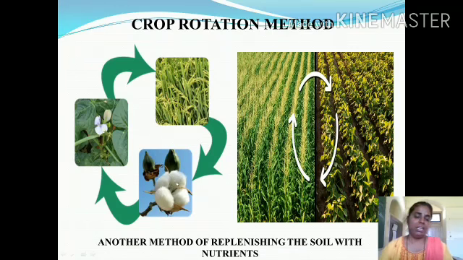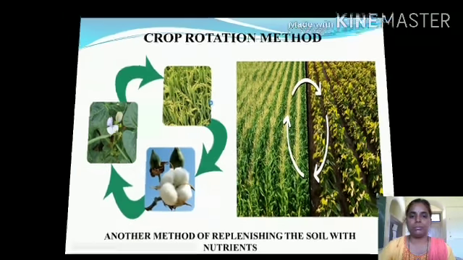Here in one season we are growing cotton, in the next season we are growing a leguminous plant, pea or Bengal gram, green gram, any leguminous plant. In another season, we are growing maize, wheat or anything. So like this, if we rotate the crops season by season, we can get a good yield, or we can replenish the soil with the nutrients.